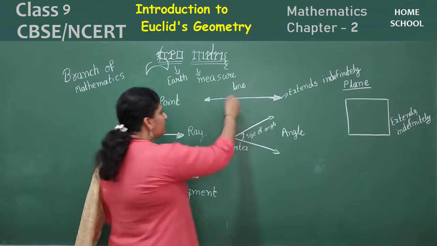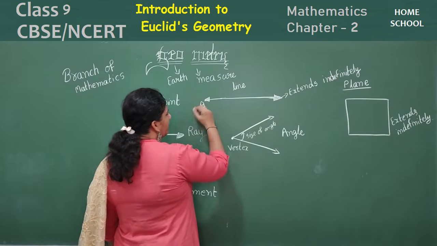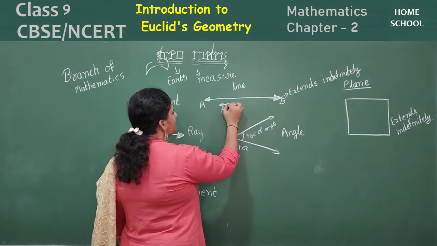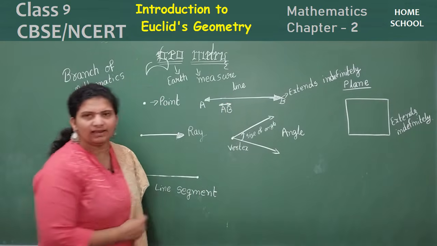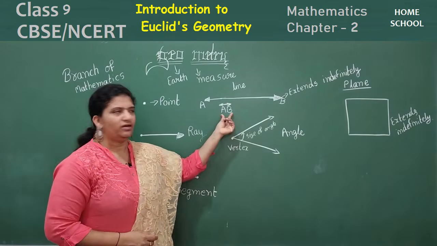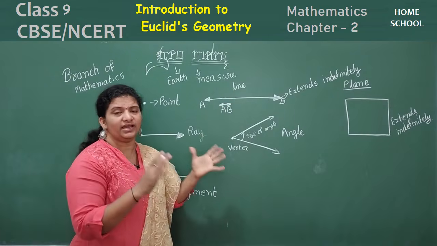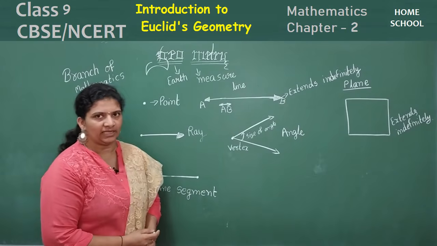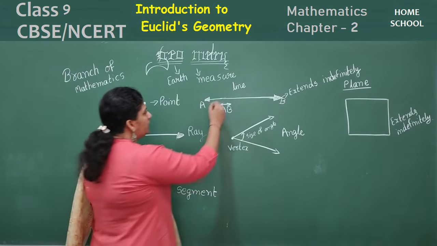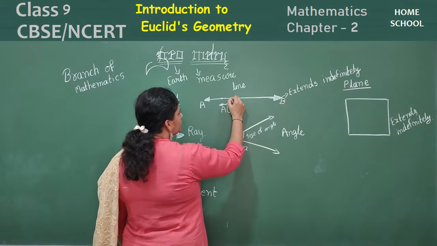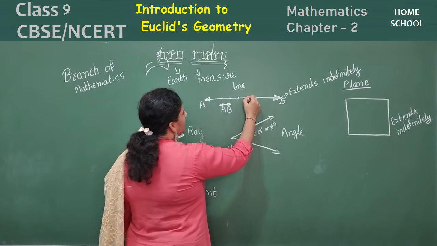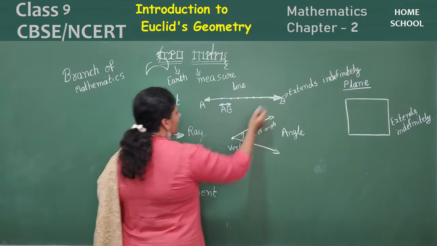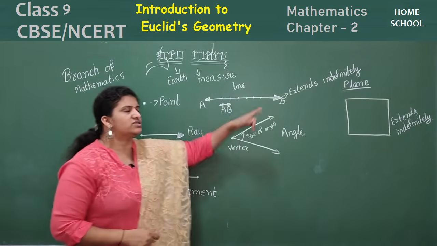How do we represent the line? With two letters. Let me take here A, B, with arrowheads like this, you represent a line. AB is a never-ending line. It is extending indefinitely. If I mark a point here, how many points can you mark on this line? There are many points you can mark on a line. What are these points called?